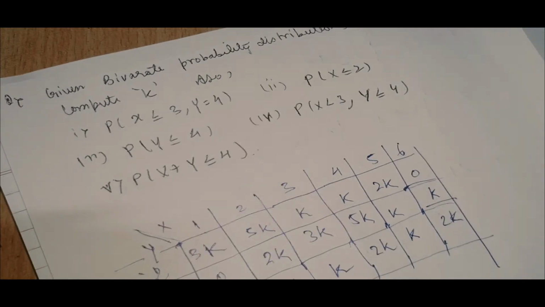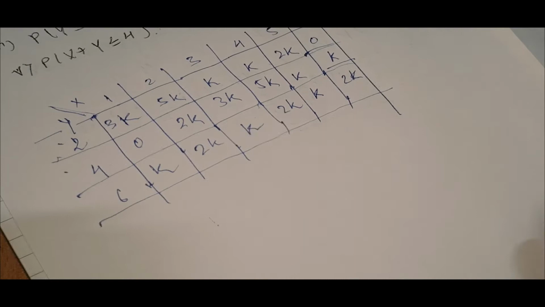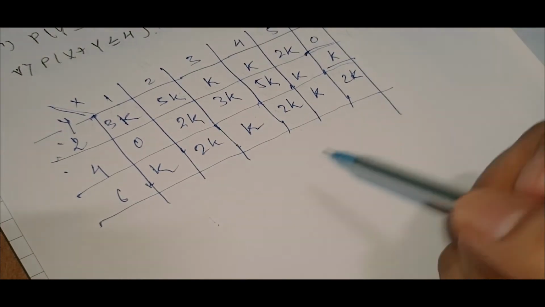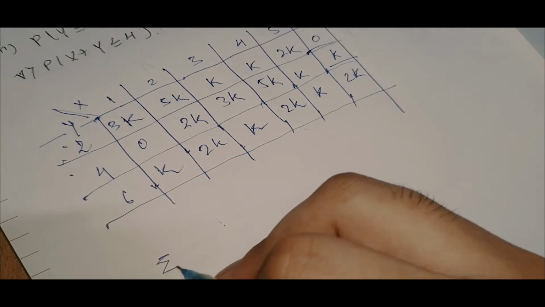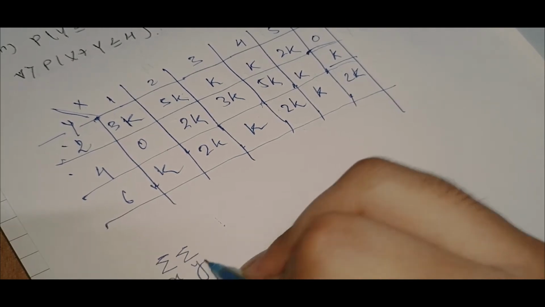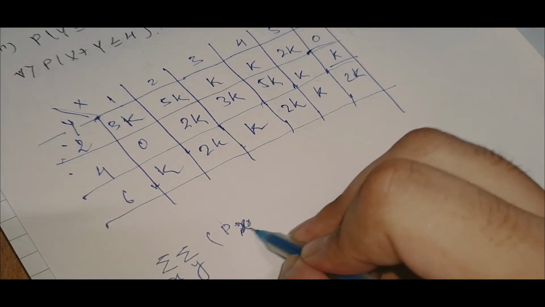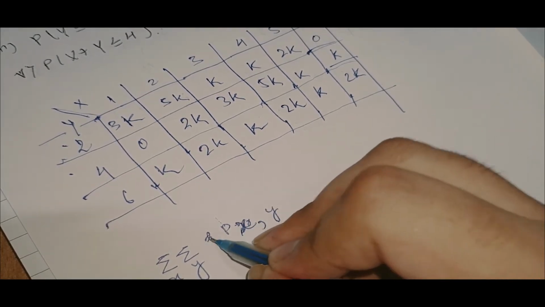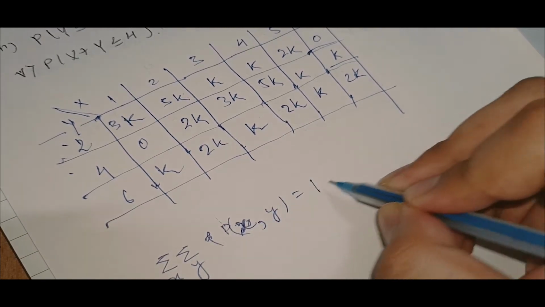So the very first thing we should do to know the value of k is use the property that the summation over x and y of p of x comma y is equal to 1, right?